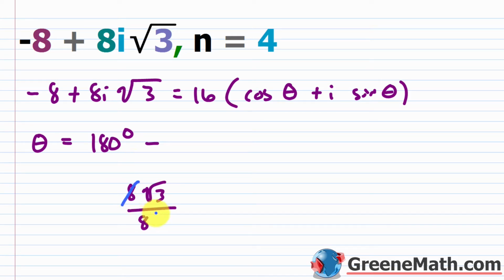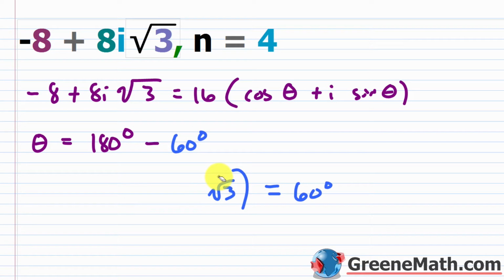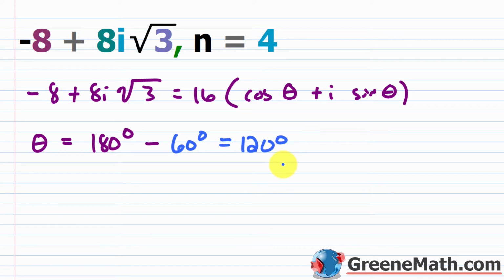This is going to cancel with this, so this is square root of 3. So the tangent inverse of this guy right here is going to give me 60 degrees. So if I subtract 60 degrees away from 180 degrees, because this is my reference angle in quadrant 2, it's going to be 120 degrees. So that's my theta. Let's get rid of this. Let's put in 120 degrees and 120 degrees. So that's pretty quick.